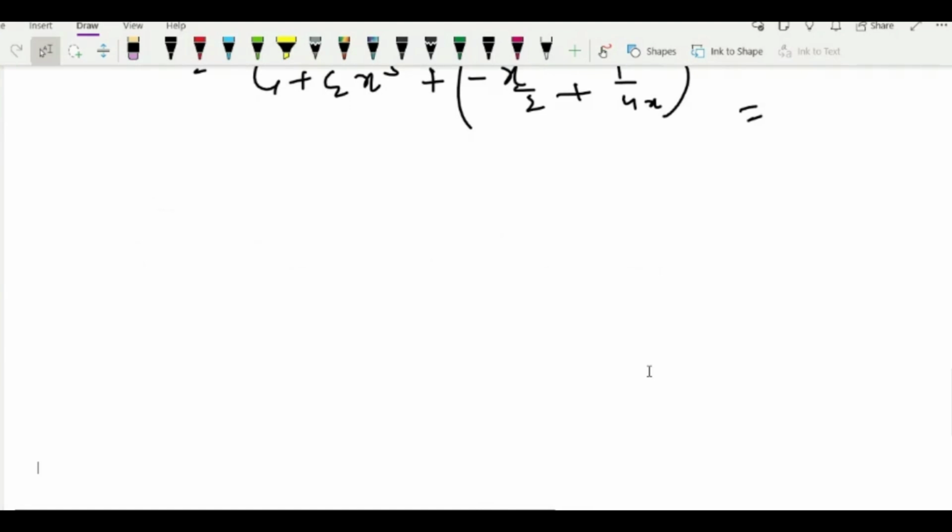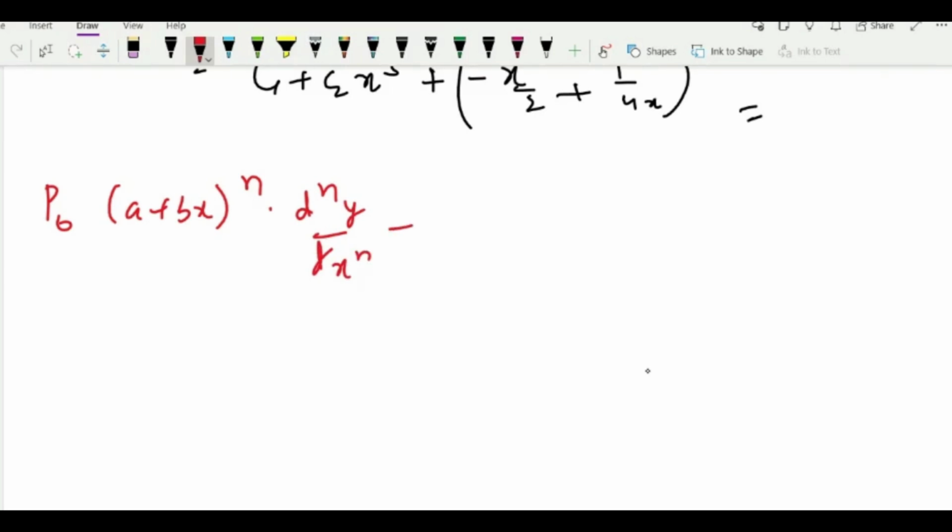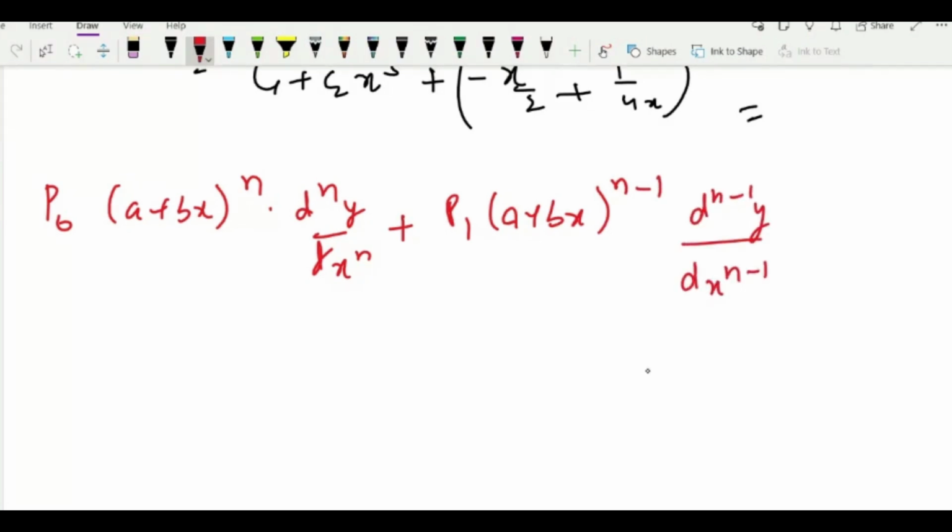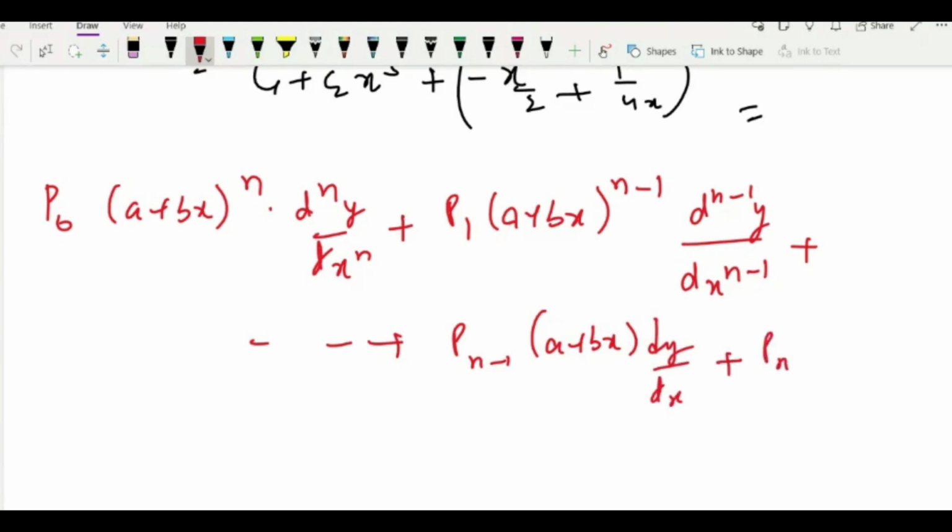We can have another equation of this type: p0 (a plus bx) power n d^n y upon dx^n plus p1 (a plus bx) power n minus 1 d^(n-1) y upon dx^(n-1) plus up to p(n-1) (a plus bx) dy upon dx plus pn y is equal to f of x.